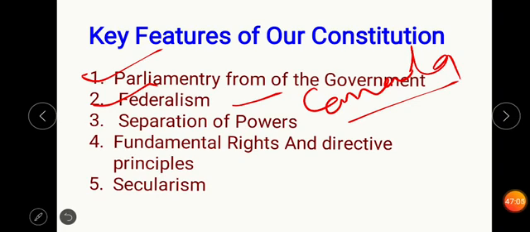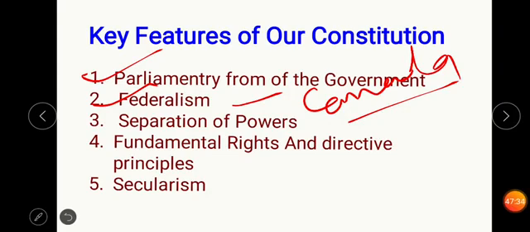Under the system, India has two levels of government: central and state government. A federal system means the division of power, so power has been divided between the center and the state. The third tier exists in the form of Panchayati Raj, that is PRIs, Panchayati Raj institutions.